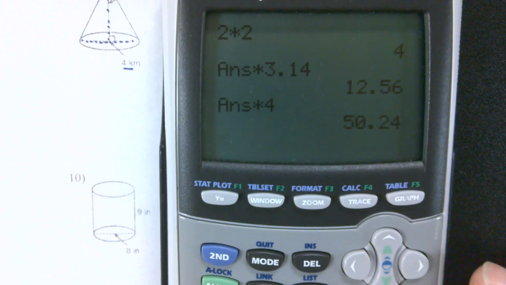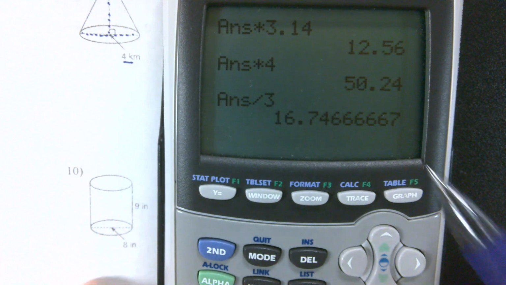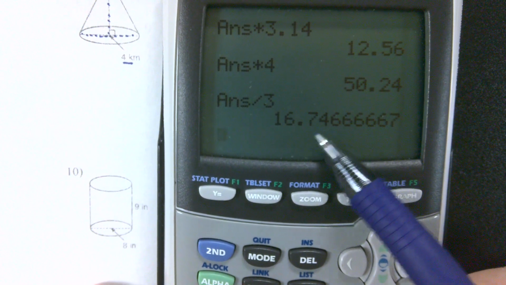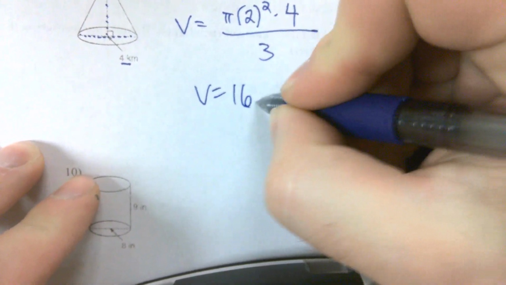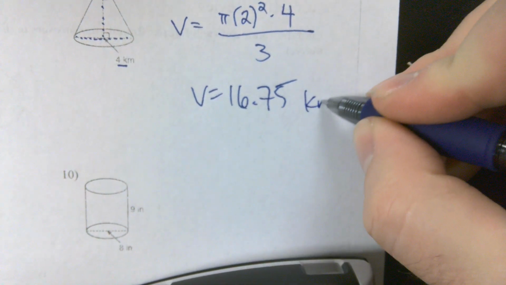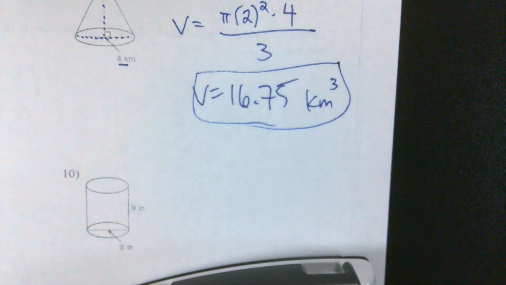And then finally we have to divide by 3, giving us 16.74. Our third decimal is more than 5. It's a 6. So we got to round that 4 up to a 5. 16.75. But what are my units here? Kilometers. What? Cubed, not just kilometers. 16.75 cubic kilometers, or kilometers cubed.